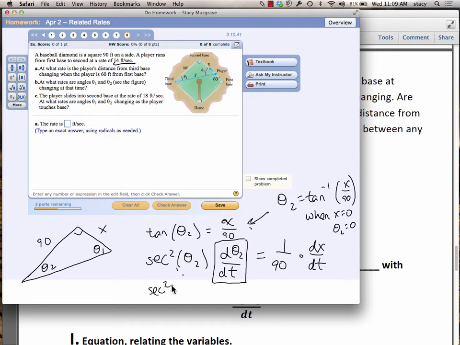Secant squared of 0 is 1, right? Secant of theta is 1 over cosine of theta. Cosine of 0 is 1. So secant of 0 is 1. Secant squared of 0 is 1. So this whole thing is 1. So then we're done. Okay.